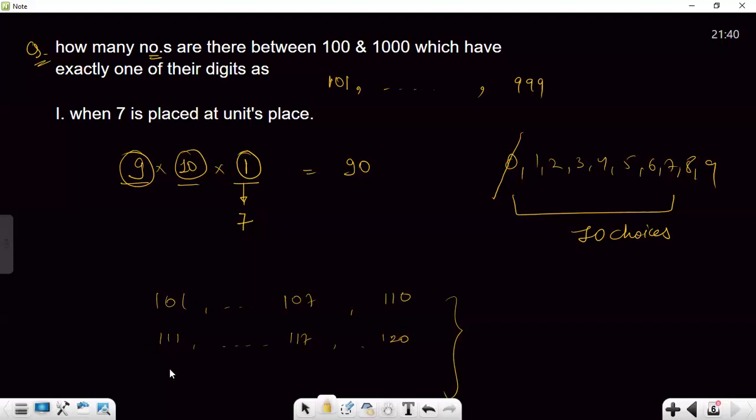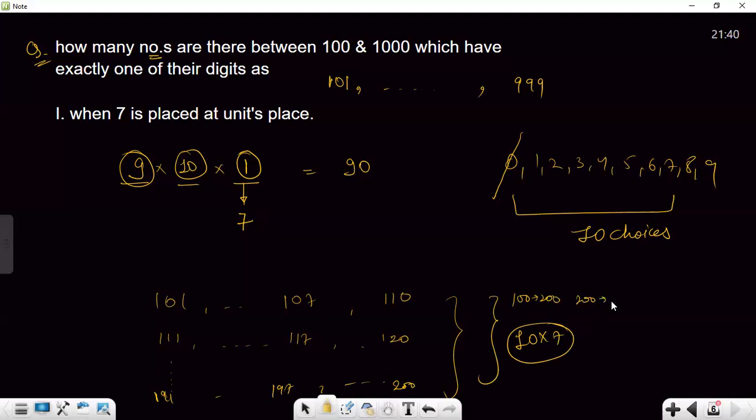From 100 to 200, it will go on like this, and at one point of time it will become 191, 197, going till 200. So how many sevens? 10 sevens are there from 100 to 200.